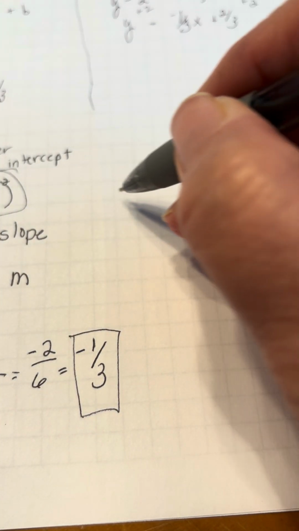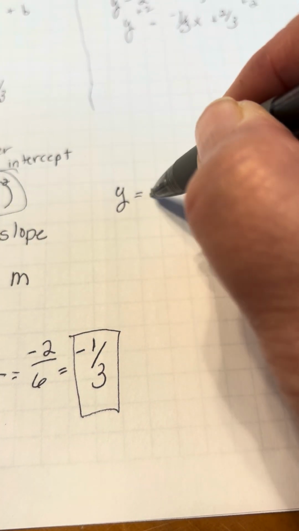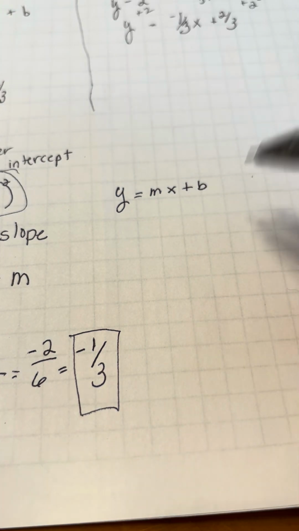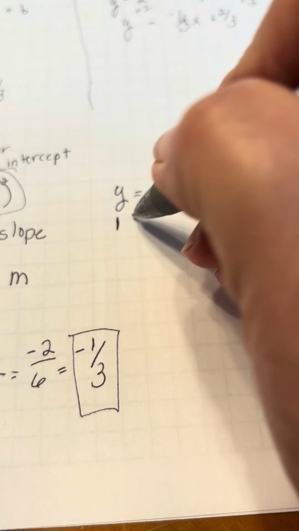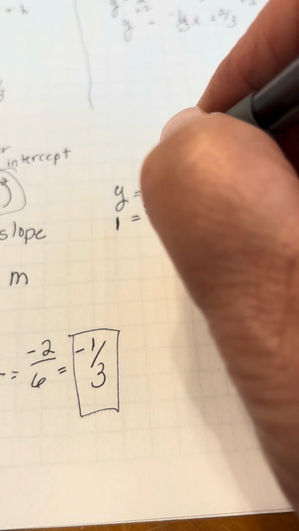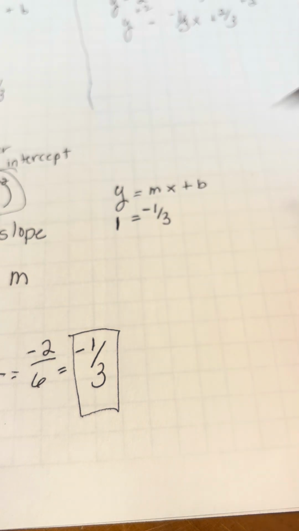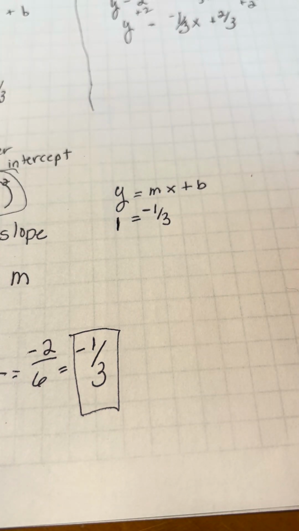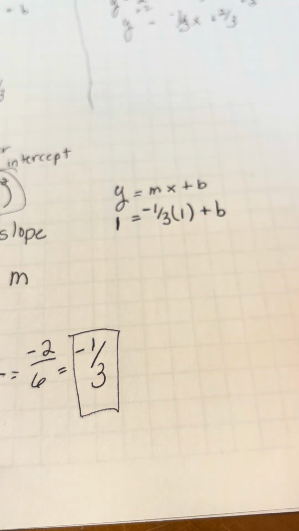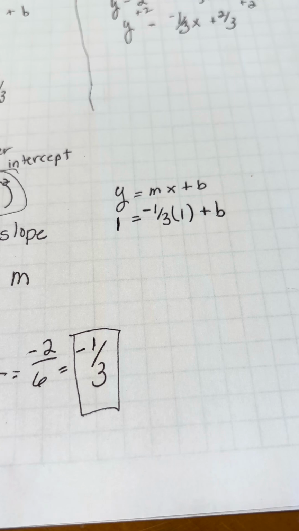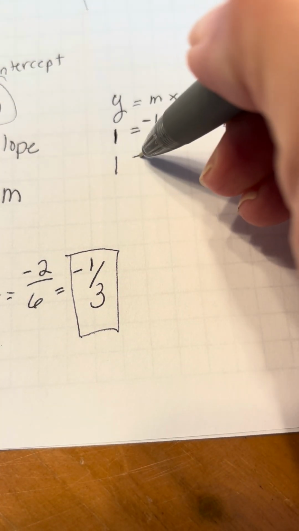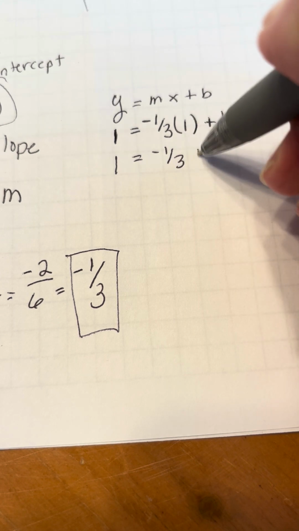It still works. So I'm going to do y equals mx plus b. I know my y is 1 because that's the point I chose. Whichever y I choose, I have to choose the x that goes with it. I've got -1/3 for the m. The x is 1, and then I need to find the b. So when I multiply this together, I'm going to say y equals -1/3 plus b.